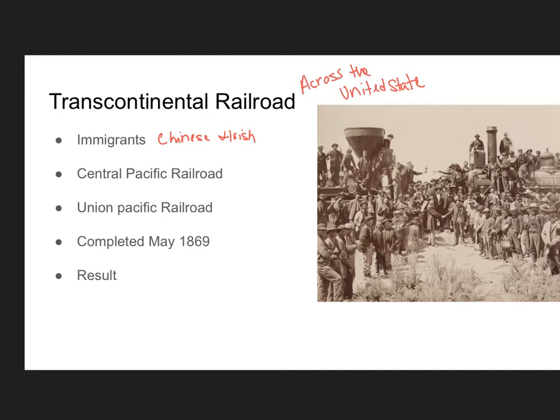There were two railroads that built it. The Central Pacific Railroad started from the west and went east, where the Union Pacific started in the east and went west.